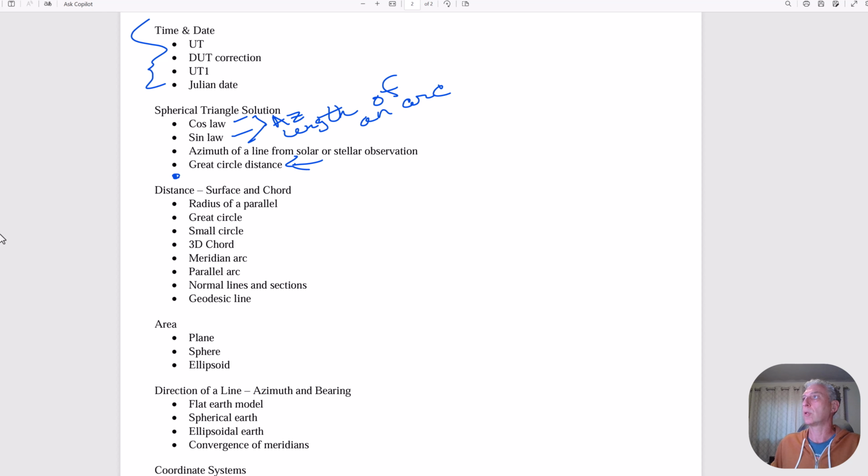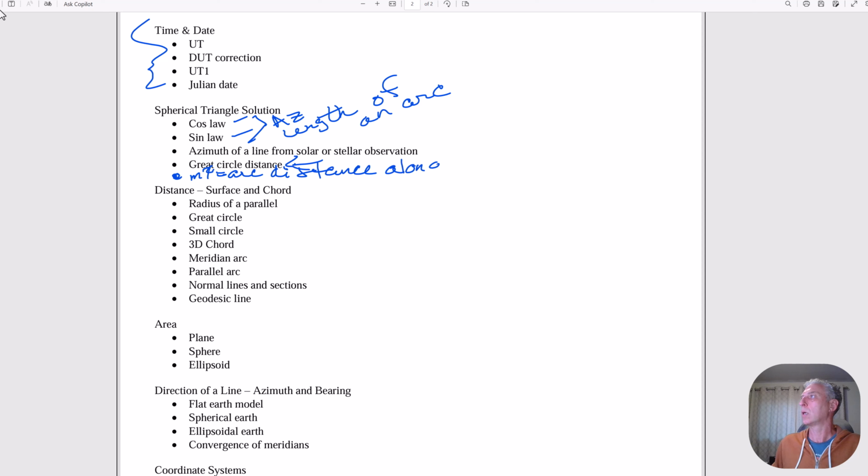And I'm just going to put another little bullet point here: m psi is arc distance along a parallel, and what kind of arcs those are.